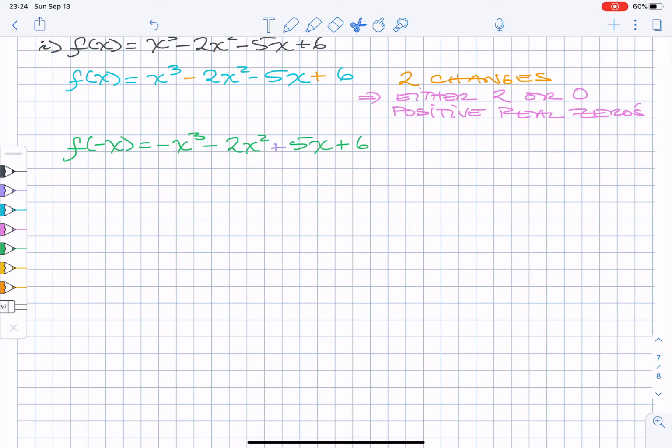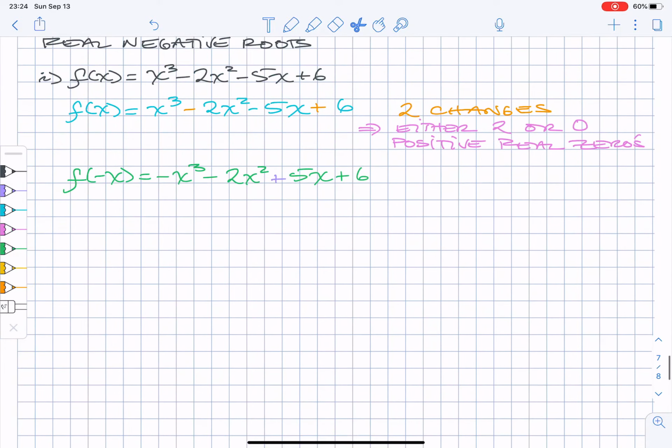So there's only one change in sign. So that means that there is one negative root, because I can't have negative one real negative roots. So that means that there is exactly one negative real root.